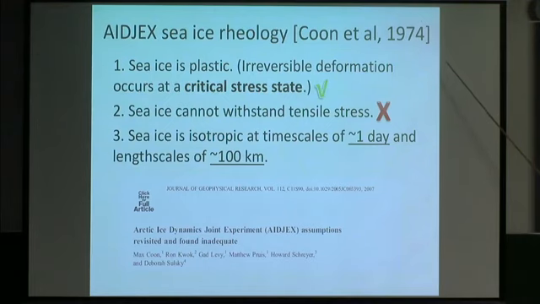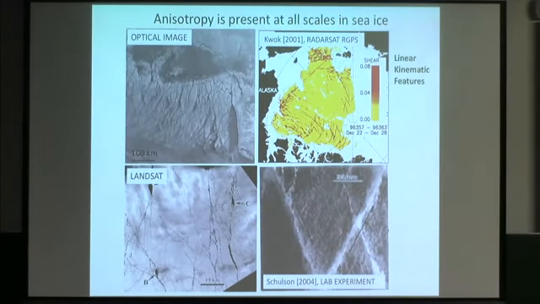I was alive, but only just, and there weren't the sort of satellite products we have today. So you went out in the field, you looked around you; how are you going to know it's not isotropic? Now we have the satellite products that can tell us that's not the case, but it was a perfectly reasonable thing to be doing. But the point is that the sea ice cover is not isotropic.